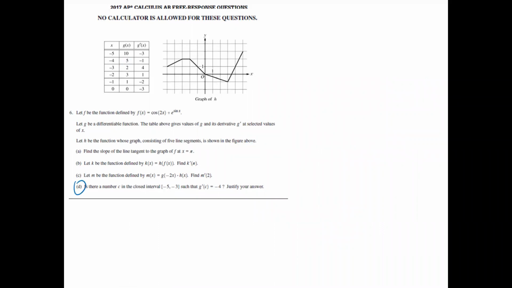Okay, so for D, is there a number C in the closed interval between these 2 points where g prime of C equals negative 4? What it's asking you is, g of x is differentiable, so by the mean value theorem, there is a point C in between points A and B where the slope is going to equal the tangent line.